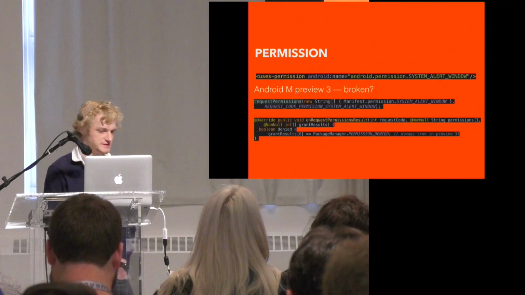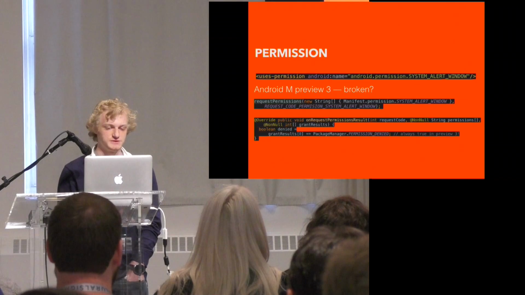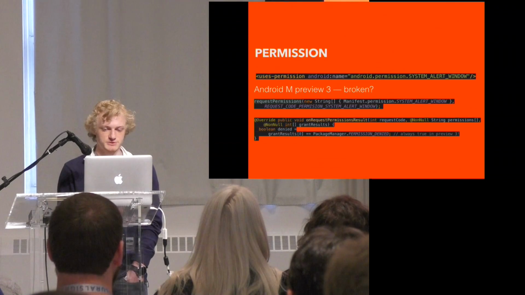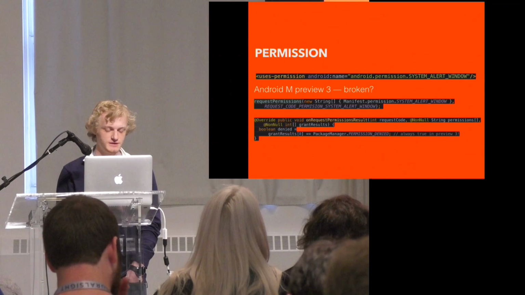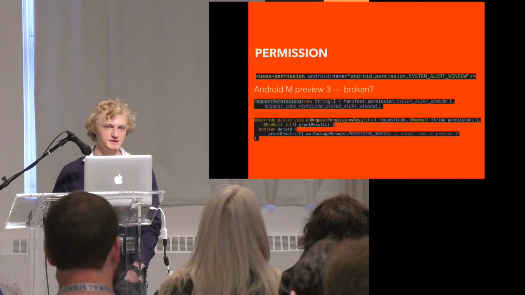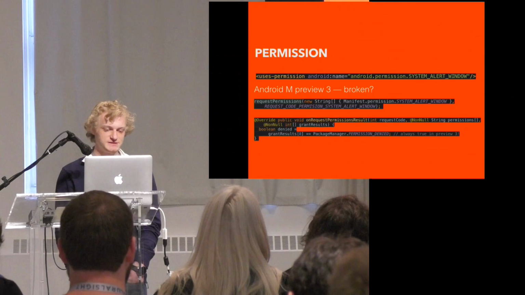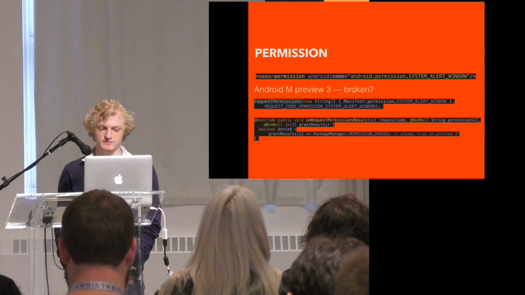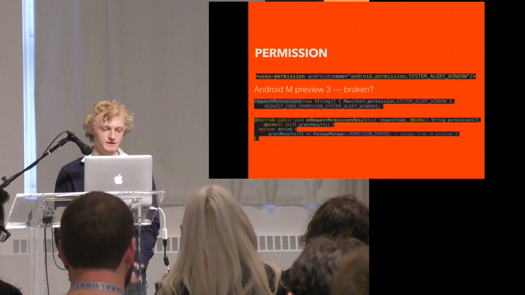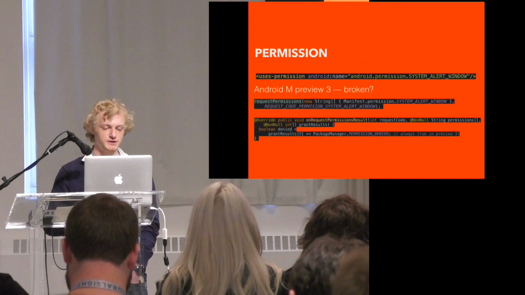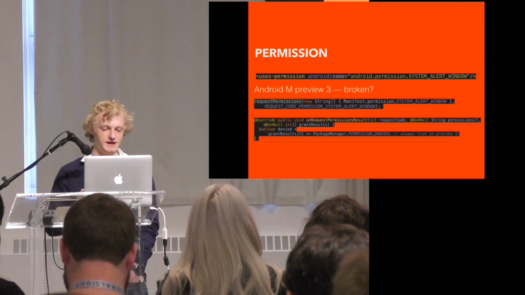So first things first, there's a permission you have to declare. It's the system alert window permission, not that bad. One thing that I only realized very recently was that in the Android M preview, at least in preview 3, you are not granted this permission for free, first of all.